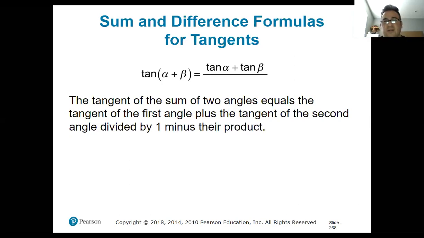So it should be what? 1 minus tangent of alpha times tangent of beta. Yeah, 1 minus tangent of alpha times tangent of beta. So go ahead and write down the formula in case you don't have it in your notes already. And then we're going to apply it.